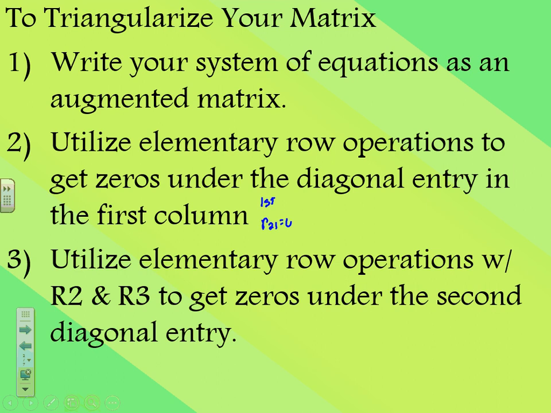We have to do some row operation to make that become a 0. After we do a row operation, we're going to have a new matrix like this, where the number in row 2, column 1 is now a 0, and we still have numbers everywhere else.